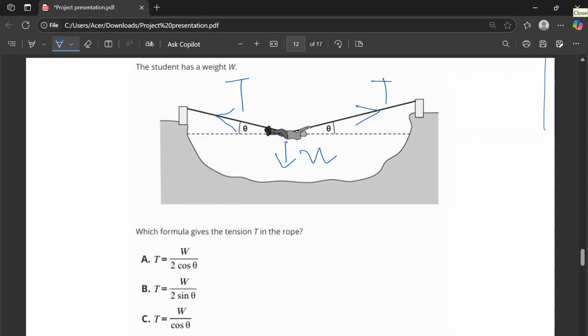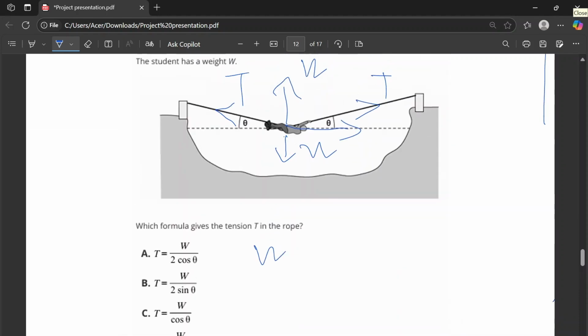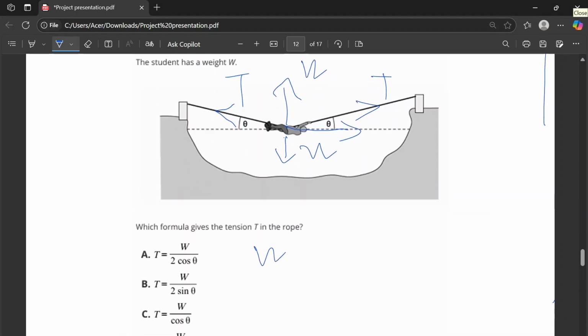As you can see, the weight is acting in this direction, so the force acting in this direction will be the same for this, and there will be two components of this force. So from that we can use the tension formula. If the angle is this, and from this equals the weight, we will use sine theta.